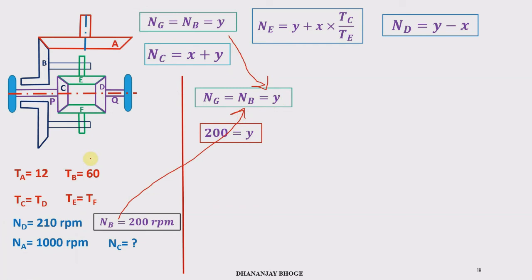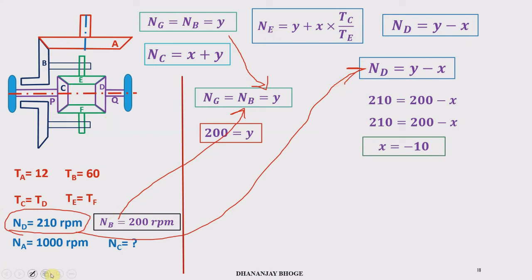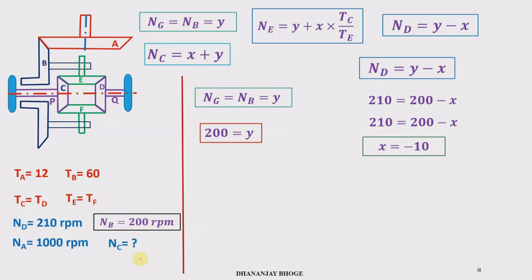Correct? Then how do we find X? Which equation will we use? Yes. So Nd is equal to Y minus X, and Nd is given as 210. So what is X? Minus 10. Now solve for Nc.